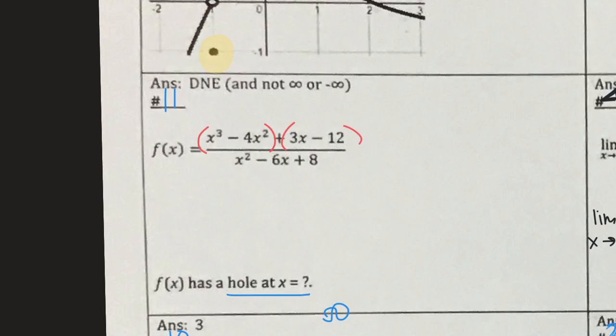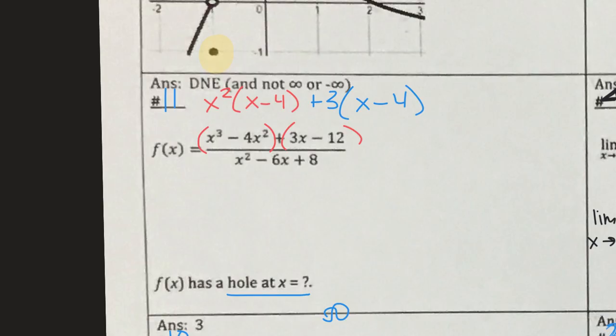What do these first 2 terms have as a common multiplier? X squared. Leaving me an x minus 4 factor. Okay, this is how we factor by grouping. And then the second 2, what do 3x and minus 12 have as a common multiplier? 3. A 3, leaving me with an x minus 4 common factor.